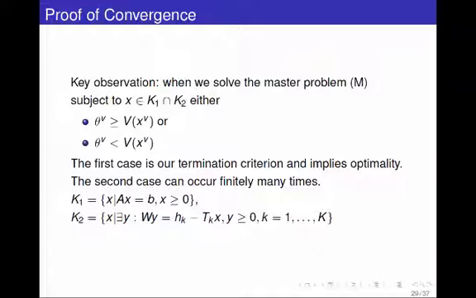When you solve the master, you get a theta v, and you also get an xv. That's the two pieces of output you get from the master. And there's a value function at xv. You don't know what it is, but it is a specific number, and two things could be happening. Either the theta v you get is greater than or equal to that v of xv, or it's less.